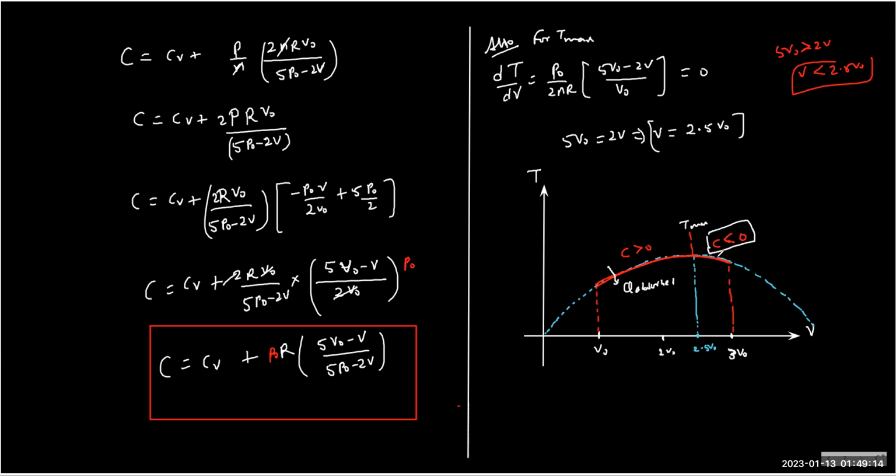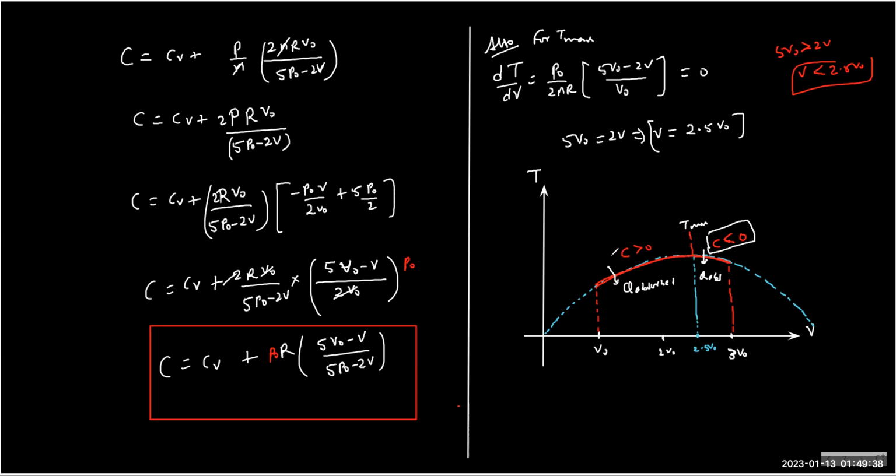Beyond this point, temperature is decreasing, guys, isn't it? And C is negative. So heat is again absorbed only. So you can see, very interesting, that before that T max, it is absorbing because C is positive.